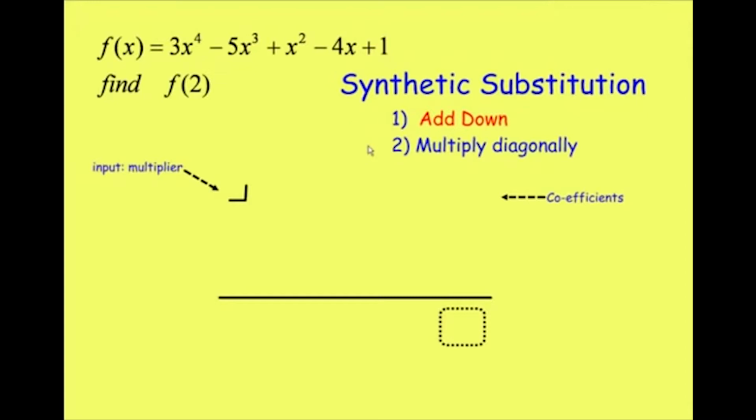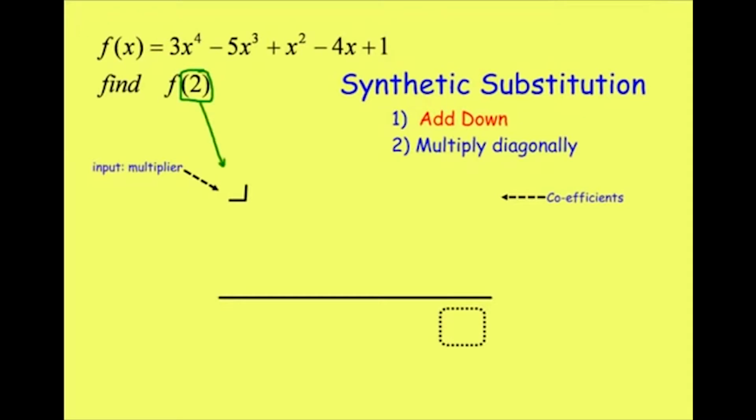One of the things we need to do is figure out what goes where. So in our function, you'll notice it's the same function we just used, and I'm asking to find f of 2 again. The 2 is going to be our input into our function.